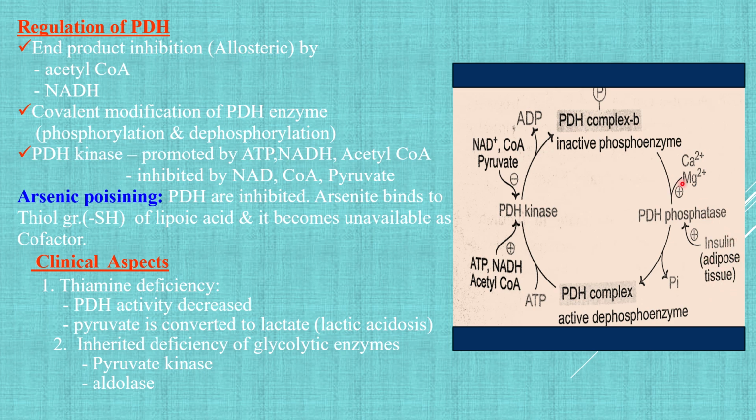Insulin also favors the conversion of the PDH complex into the active form, and further this PDH complex is converted into the inactive form via PDH kinases, which can be stimulated by ATP, NADH, and acetyl coenzyme A. So these are the inhibitors of PDH complex mediated reactions.